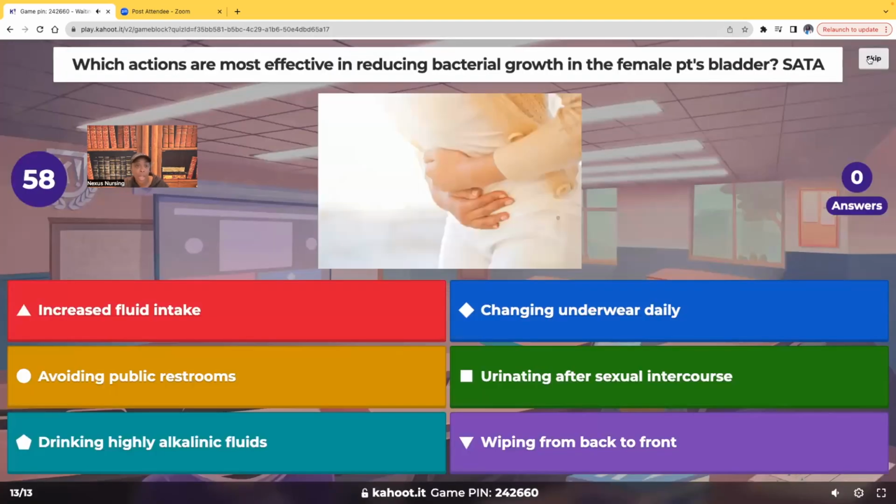Here are the choices: increase fluid intake, change underwear daily, avoid public restrooms, urinate after sexual intercourse, drink highly alkalinic fluids, wipe from back to front.